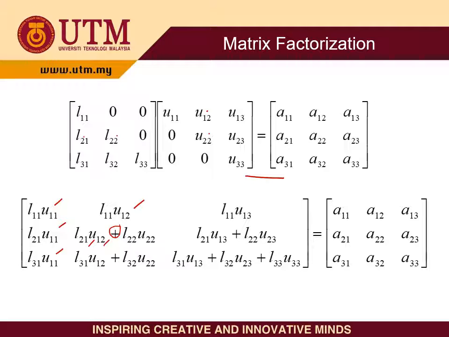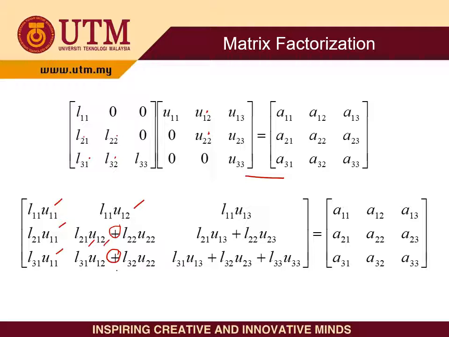Alright, same as the third row here, second column, you need to multiply L31 with U12 and plus L32 with U22. So you will get the A32 here.